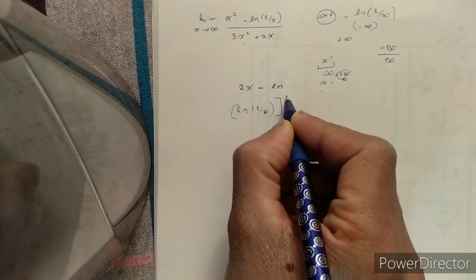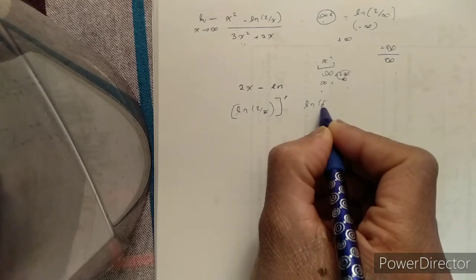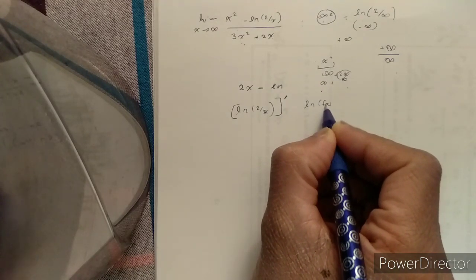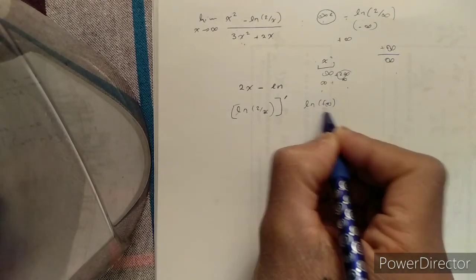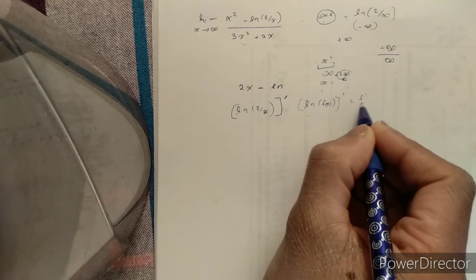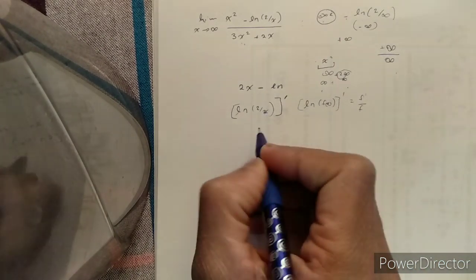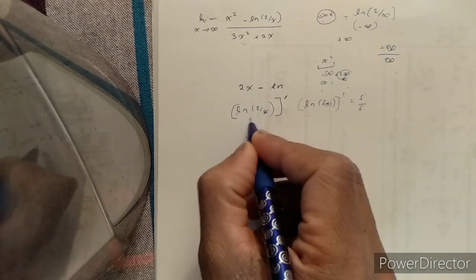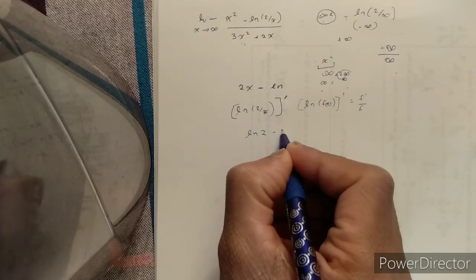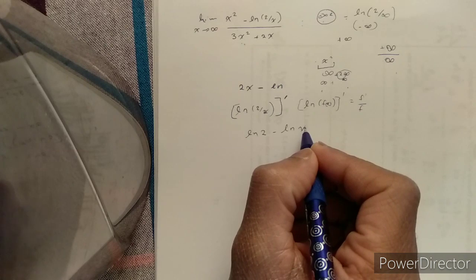One is you can directly differentiate this whole term: if you have ln of a certain function and you differentiate it, you will get f prime over f. Or else you can rewrite this term as ln 2 minus ln x by using the logarithm rules.